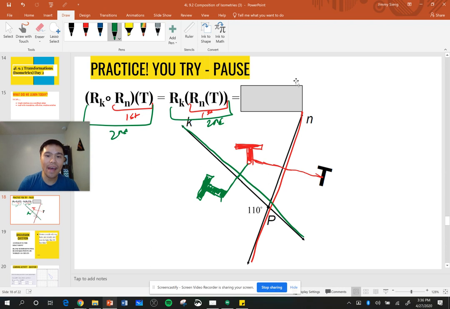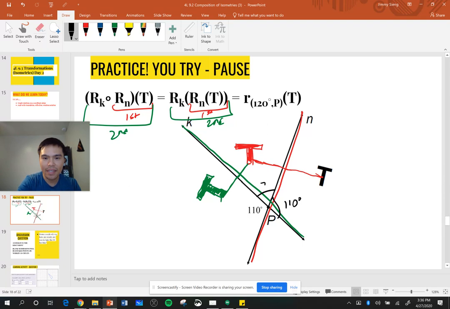So I can see that what's going on here is I had two reflections off those intersecting lines, and it actually created a rotation around P that was about 120 degrees. I'm not 100% sure, but if I was to measure it, if this is 110 degrees, this is 70. It's really hard to say because this is like right there.